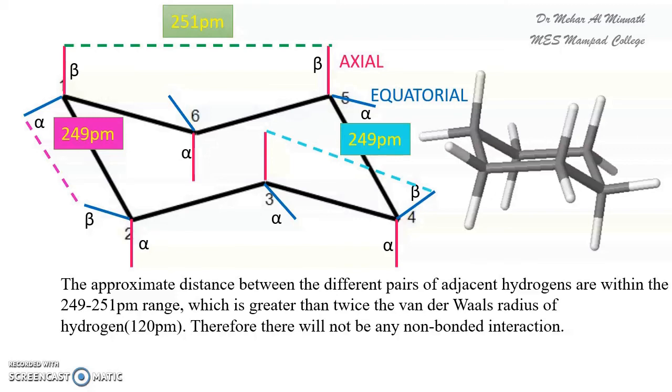So when it is 251, above 240 picometer, then there will not be any repulsion or van der Waals repulsion.